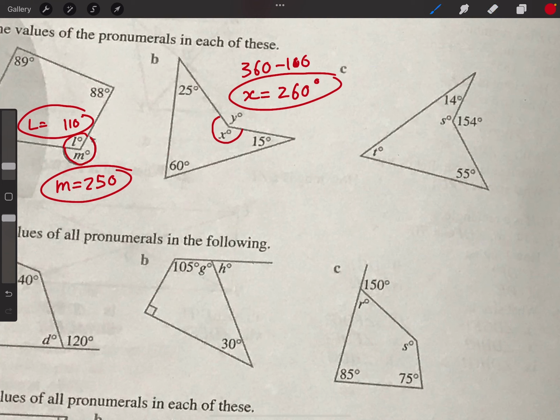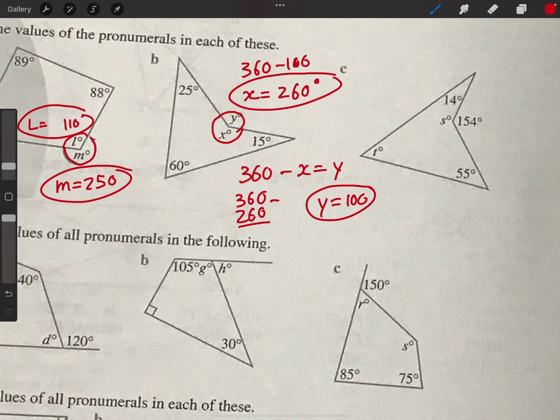So this angle X plus this angle Y gives us a full revolution. So 360 take away X will give us Y. So 360 take away 260, and that gives us 100. So therefore Y is 100, because X plus Y must be 360.